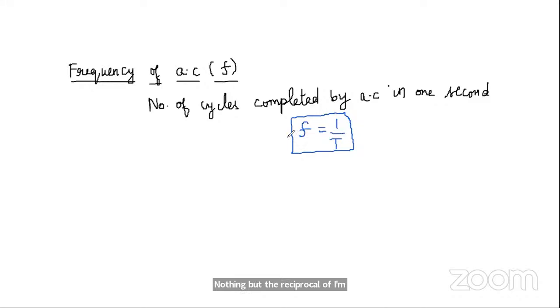Now in our houses, we are receiving AC, that is alternating current. We know the frequency of the alternating current received in our houses.